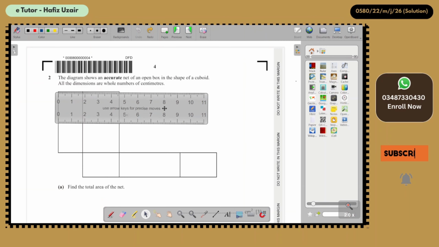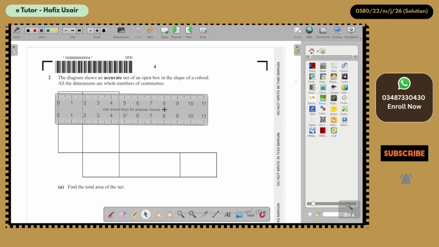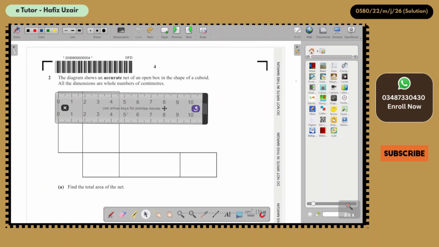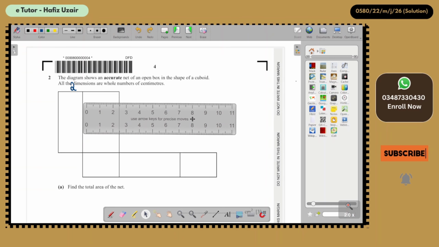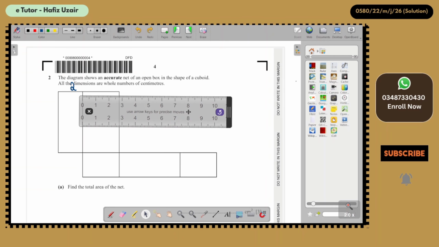Okay, so if you look at this carefully, the dimension over here is like we can say 1.6 or 1.7, so you can say this dimension is 2. Also, if we check this dimension, it's almost 2.6 or more, so we can say this is 3.